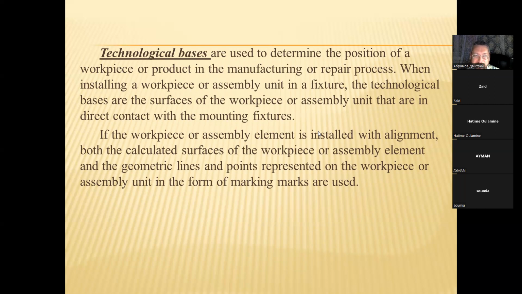Technological bases are used to determine the position of a workpiece or product in the manufacturing or repair process. Write down these sentences in your notes.